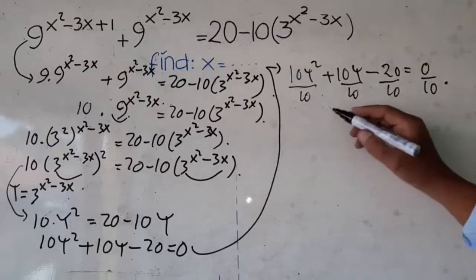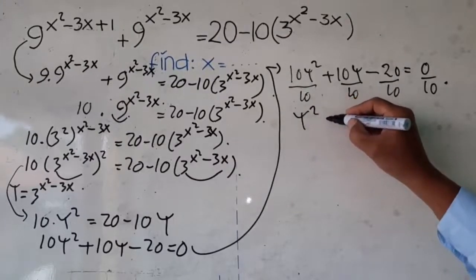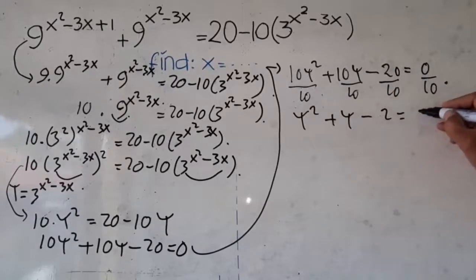Over 10. So that y square plus y minus 2 equal 0.